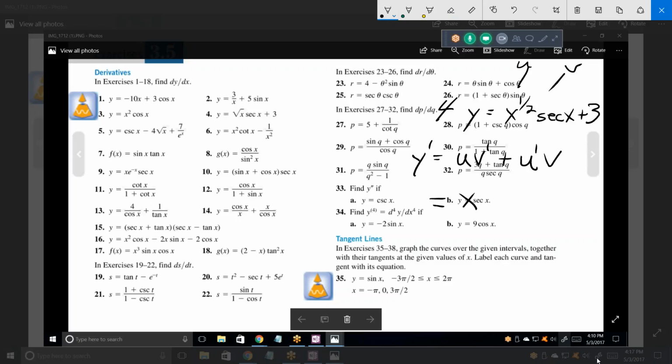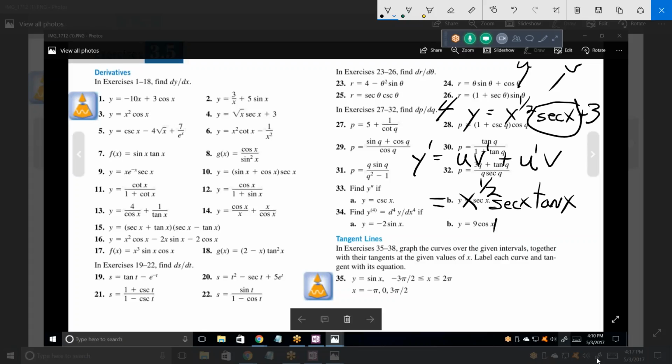So x to the 1/2, that's u. Now, what's the derivative of secant x? That's one of the three you need to memorize. Secant tangent. Secant x tangent x. Okay, so that's the uv prime.